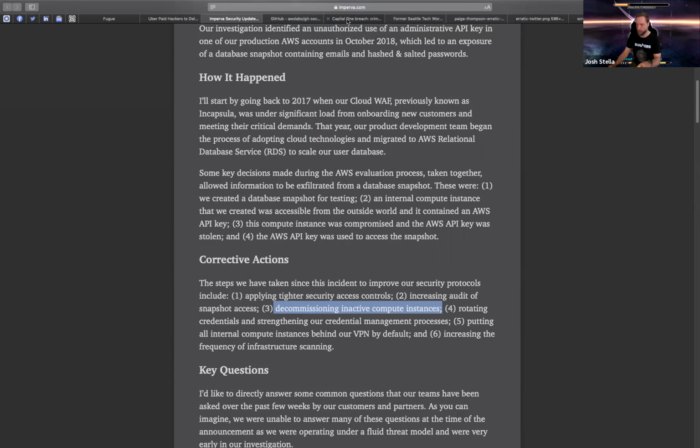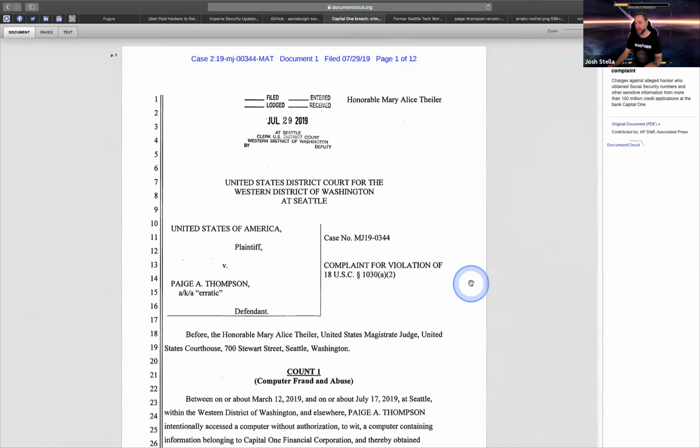We also have filings from the Department of Justice. This is the Capital One breach. The Capital One breach is interesting for a number of reasons. Let me start by saying Capital One are about as good at cloud security as anyone I've ever seen. They are really, really good at it. So again, I'm not in any way saying these are foolish mistakes.